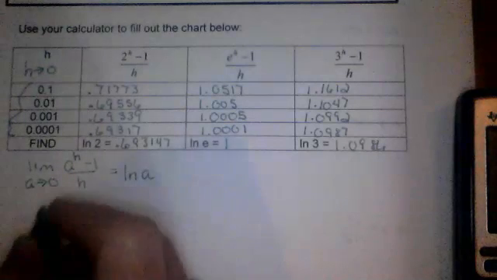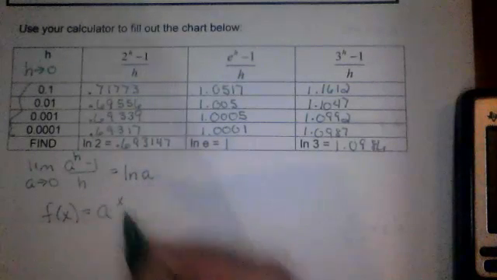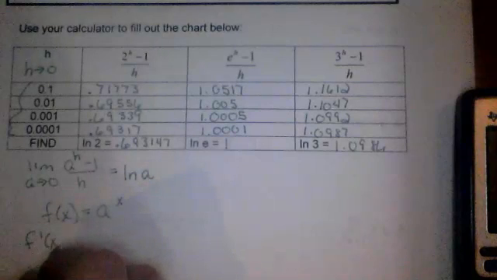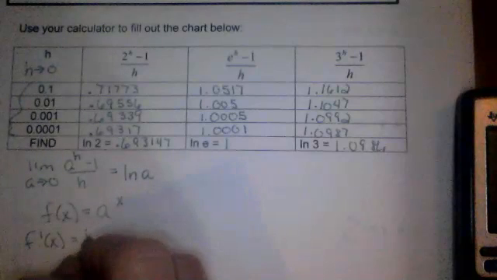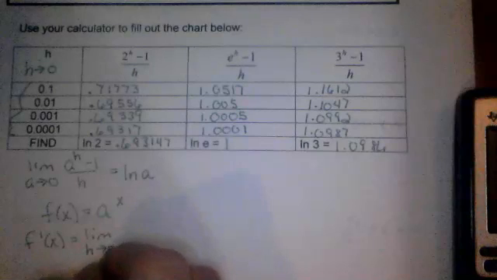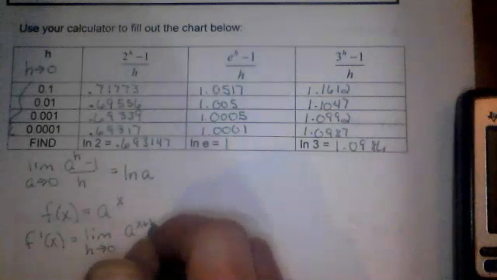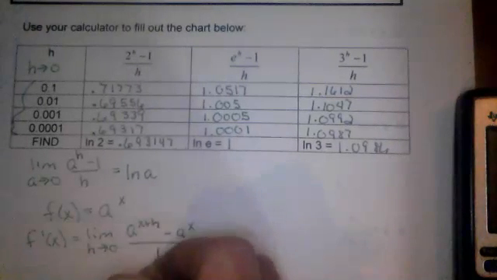So when I have f of x equals a to the x, and I want to take the derivative, I'm going to go back to the old derivative rules, to my limit rule. And I'm going to have the limit as h approaches 0 of a to the x plus h minus a to the x over h.